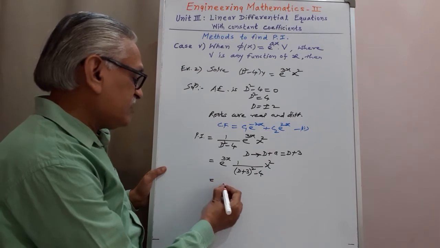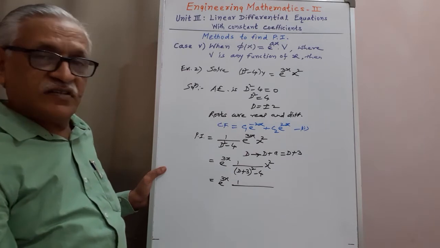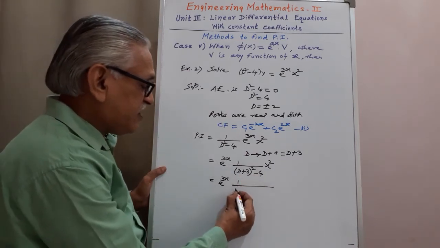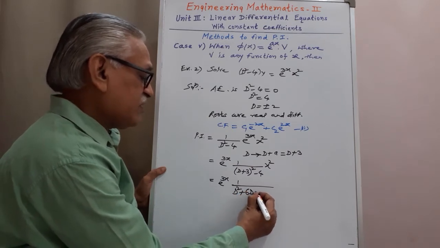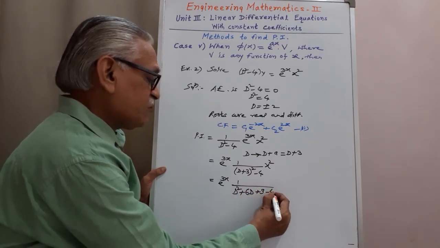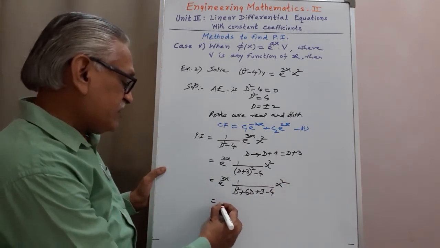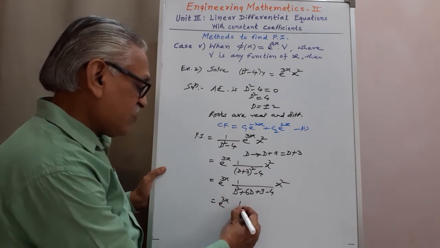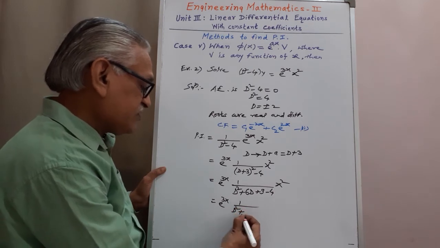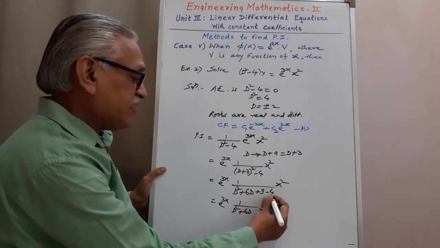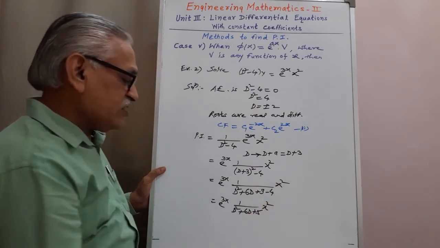Expanding this bracket, we get D square plus 6D plus 9 minus 4, operated on x square. So it is e raised to 3x, 1 upon, simplifying it, D square plus 6D, 9 minus 4 we get plus 5, operated on x square.